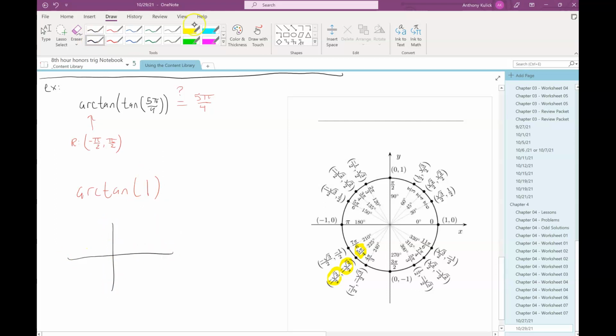Remember, arctan is going to give me something in quadrants 1 or, sorry, 1 or 4. Of quadrants 1 and 4, tangent is positive only in quadrant 1. So I'm looking for the place in quadrant 1 where y over x gives me 1. That happens at pi over 4. And there's my answer.